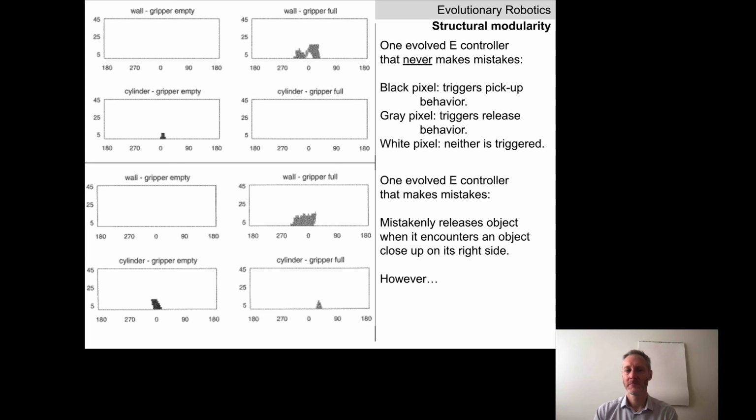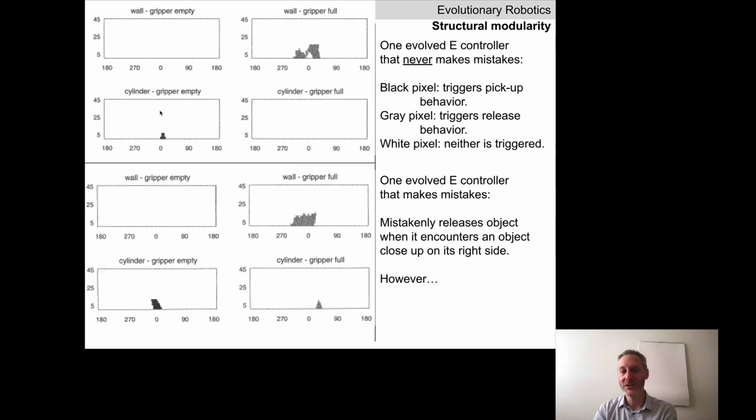Logan says it picks up the cylinder only when it is placed directly in front. So that's the 0 here, right? It's facing more or less directly onto the cylinder, and it's very close to the cylinder, right? So that makes sense. This robot is doing pretty much what you would expect it to do.